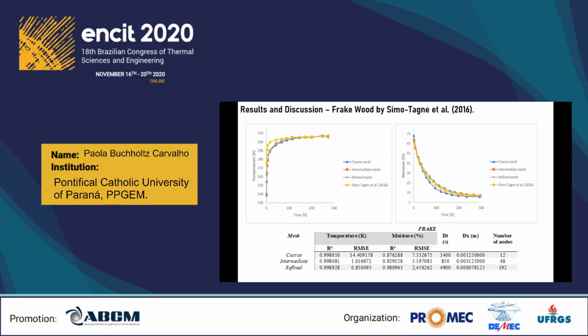The developed code was validated with the code proposed by Simon Tegnin. The results obtained were similar for temperature and moisture, respectively. You can see in the figures, and you can see also the values of the performance indicators.